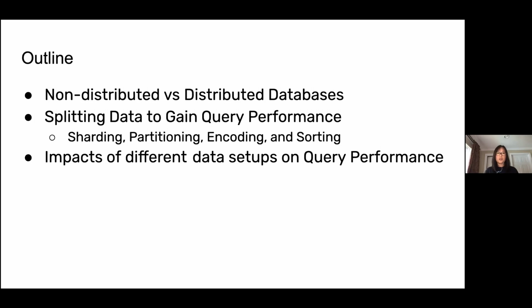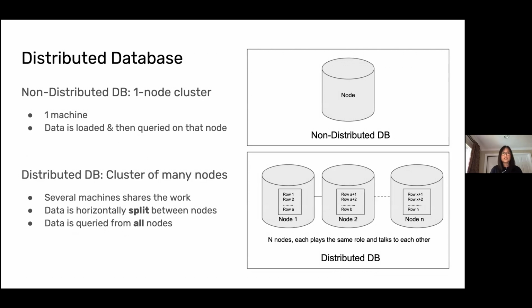I will talk about sharding, partitioning, encoding, and sorting, and come up with some example data setups for that. Then with those setups and examples, I will show the impacts of those setups on query performance.